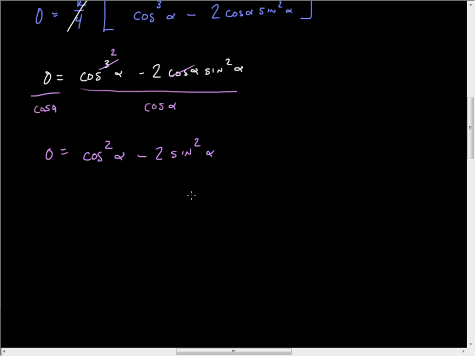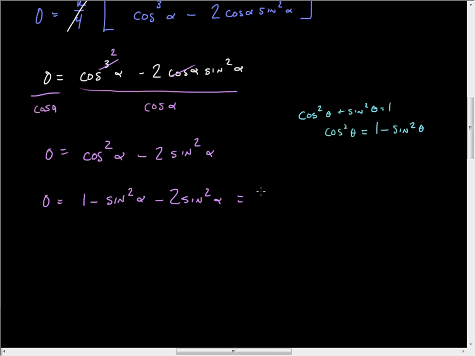But if we take Pythagorean's theorem, which says that cosine squared theta plus sine squared theta is equal to 1, then we can solve for cosine squared theta by subtracting sine squared theta from both sides. You get 1 minus sine squared theta. In this case, alpha is our angle, and so if we rewrite cosine, then it becomes 1 minus sine squared alpha minus 2 sine squared alpha, which gives us 1 minus 3 sine squared alpha.